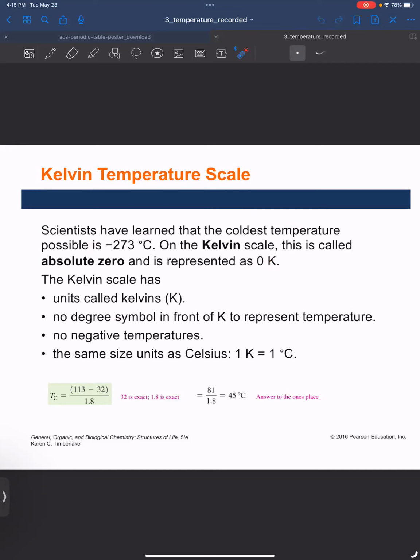There are no negative temperatures for Kelvin because 0 Kelvin is the coldest you can get. Something to also make note of is that Kelvin has the same size unit as Celsius, so 1 Kelvin is equal to 1 degree Celsius.